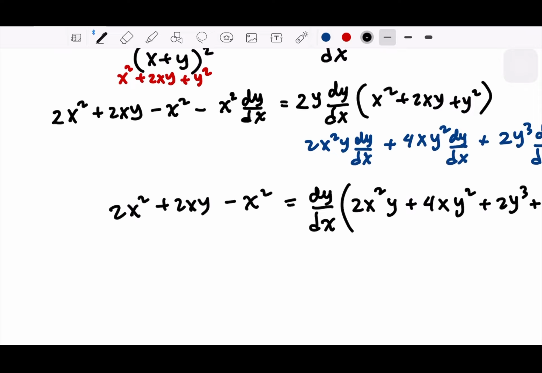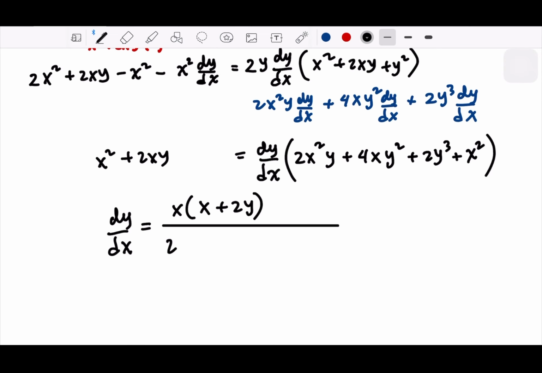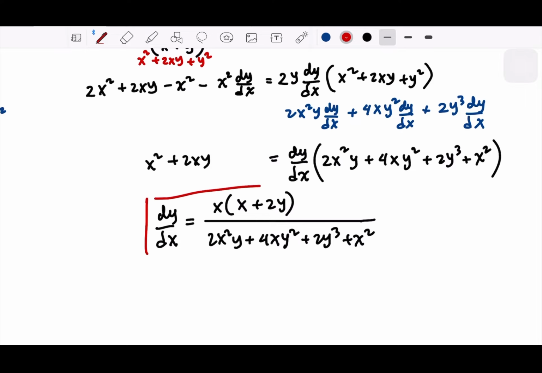And then we can take dy over dx. This will be x plus 2y. And then we can write all the equations down here. Okay, and then that's the answer.